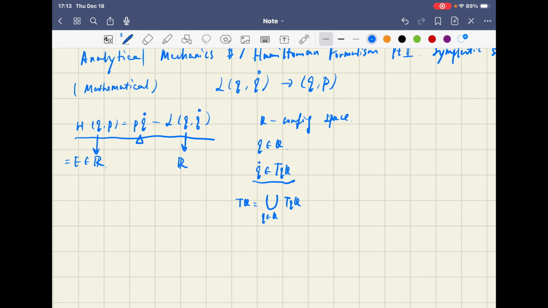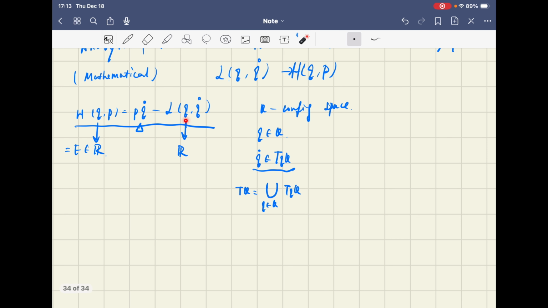After changing the coordinates, we notice that the new variables become q and p. We already knew that q still lives in the configuration space, doubtlessly, but we don't know where p is. So we look back to this equation, and we have, as I already said, that both of the values for Hamiltonian function and Lagrangian are real values.